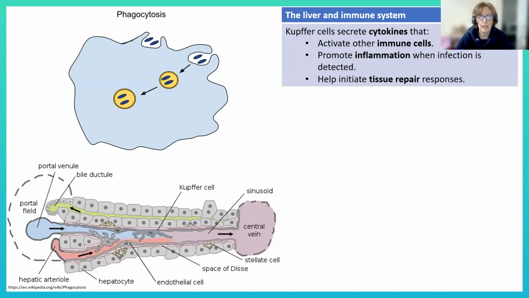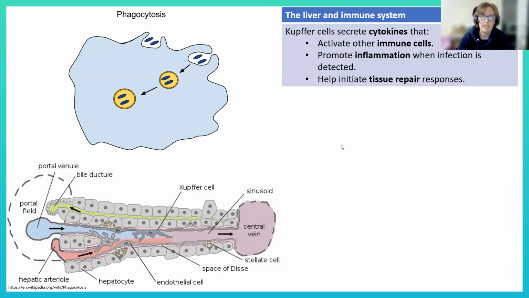They activate immune cells, they promote inflammation, and they also help to initiate tissue repair responses. They can also cause autoimmune diseases if they go a little bit wrong. They can cause too big, too strong an immune response.